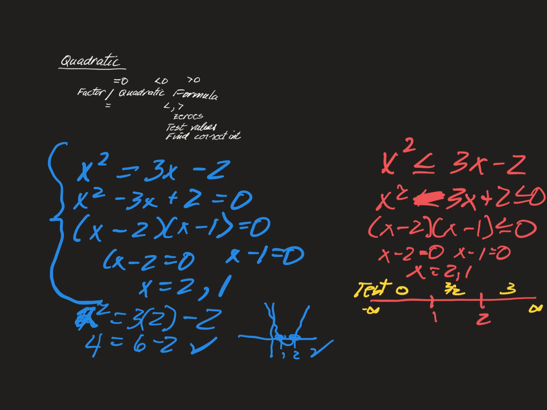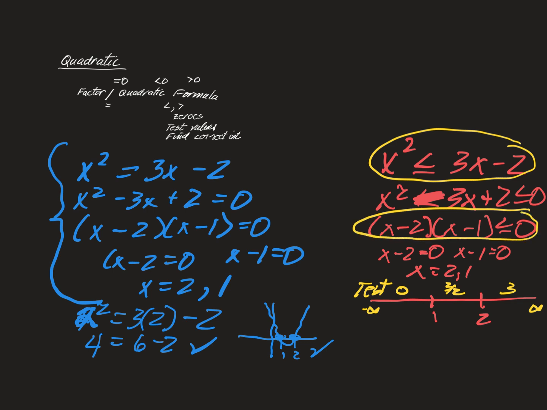Now what you do is you plug them in to either the original equation or the very last one. I like to use the factored form. This is my preferred one, but you could plug it into any of these versions we got along the way, and you see if you get a true statement or not.